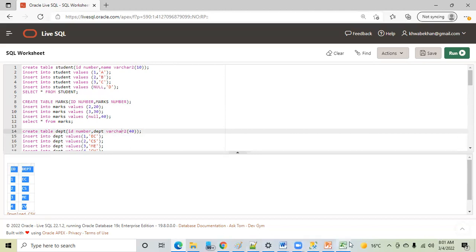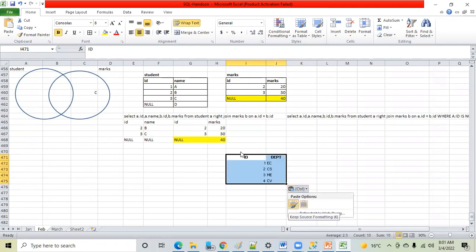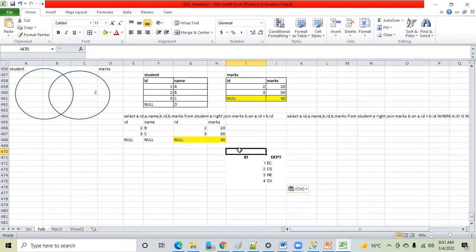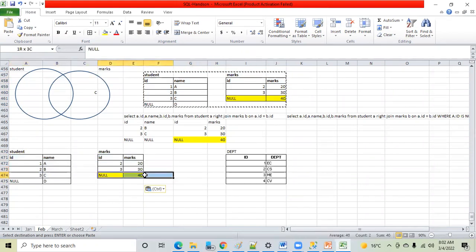Now, first of all, forget about those left, right, and all those things. So now I have created this one more table, and then you have this whole table on which we have done a lot of analysis.